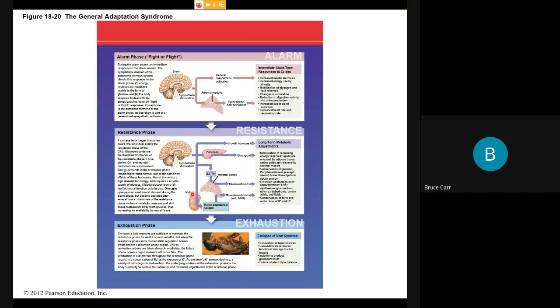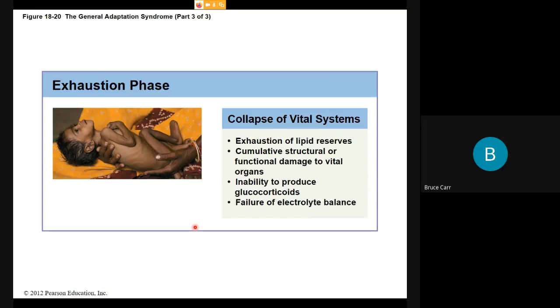If you reach a particular level of utilization, if that stress and that exertion continues for long periods of time, combined with malnutrition or undernutrition, you reach a stage called the exhaustion stage. Now, this is where the lipid reserves are exhausted to the point where they no longer can support basic metabolism, and you start to suffer damage in organs, first in the peripheral organs, but increasingly in the exhaustion stage to more and more vital organs.